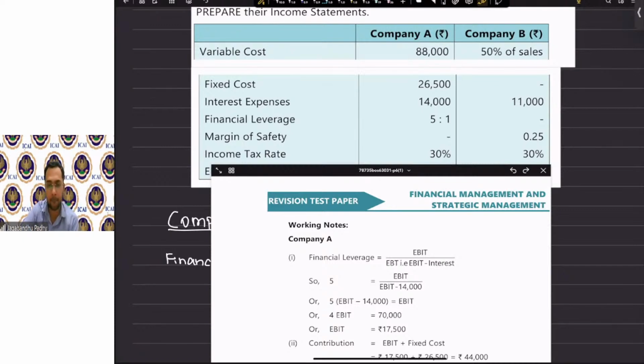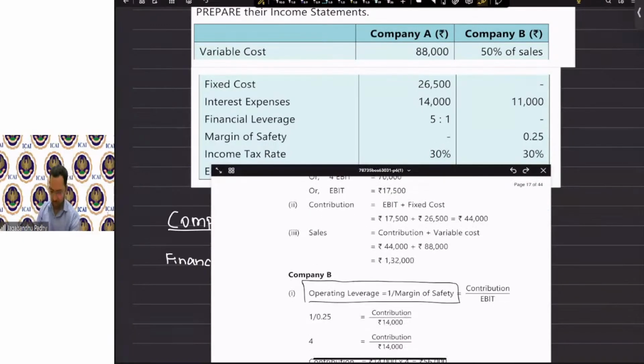Here, everyone, margin of safety is the sales over and above the break-even point, the point at which your total cost is recovered. Over and above whatever sales you're making, that's your margin of safety.